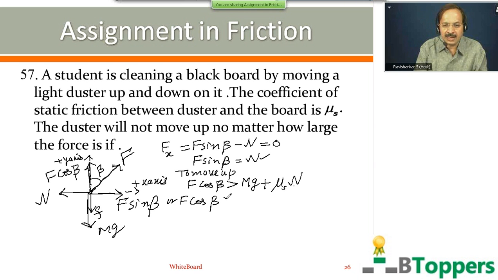So F cos beta has to be greater than mg plus mu s into F sin beta. You can collect the terms containing F on the left hand side.